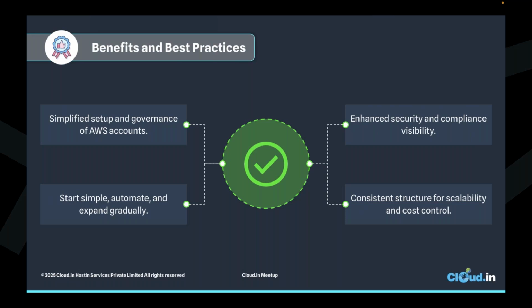Use automation wherever possible, such as account factory and guardrails, to reduce manual work and ensure consistency. This phased approach makes adoption smoother and also helps maintain long-term stability. So using a landing zone, you can solve each and every manual intervention issue or problem which occurs while creating a new AWS account.